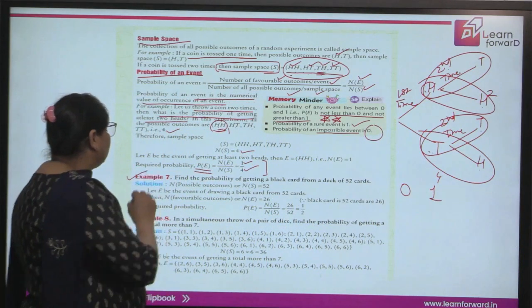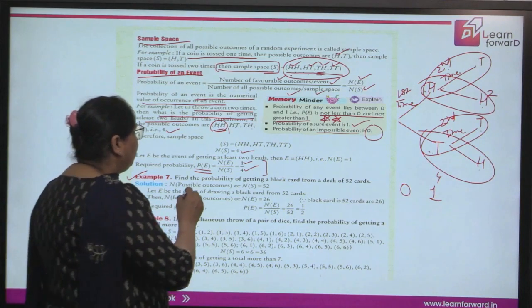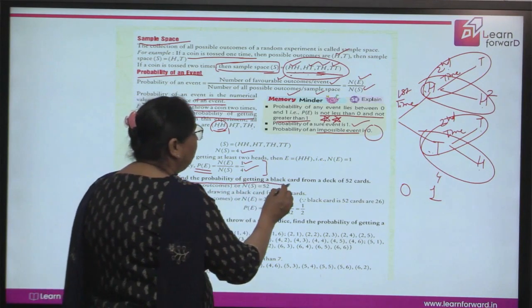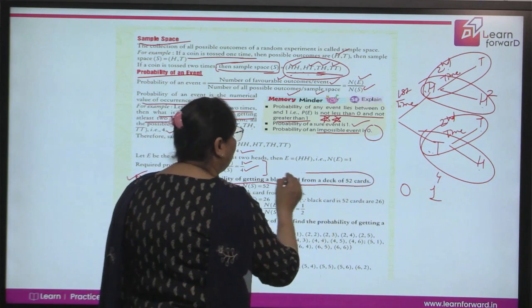Next is example 7. We have to find the probability of getting a black card from a deck of 52 cards.